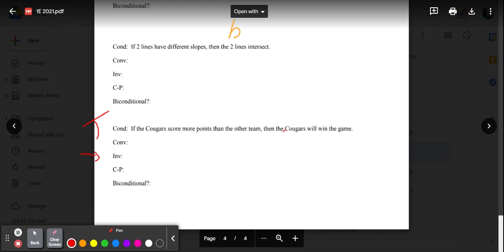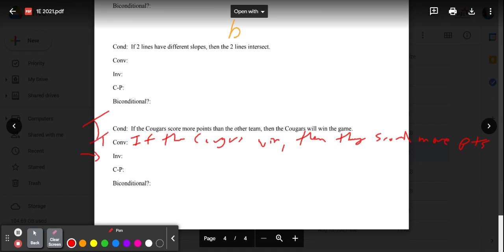Converse: if the Cougars win, then they scored more points. Well, it's true.